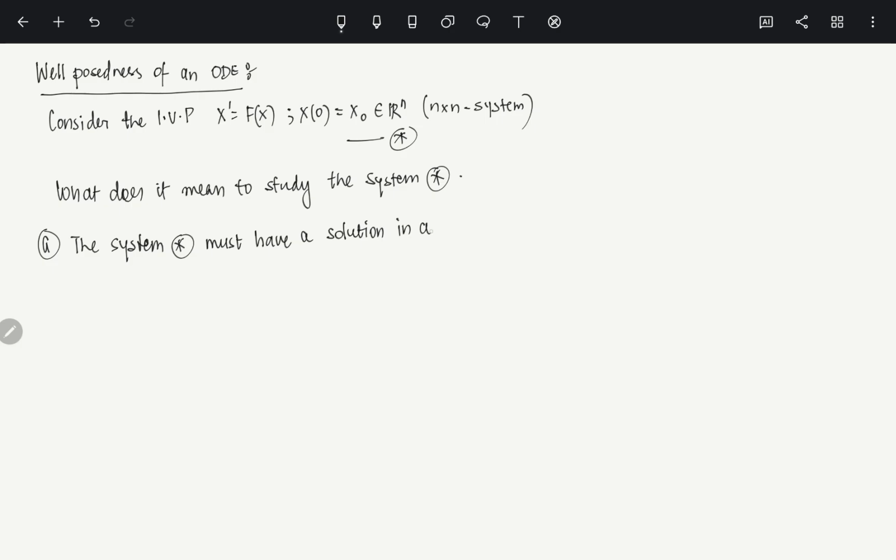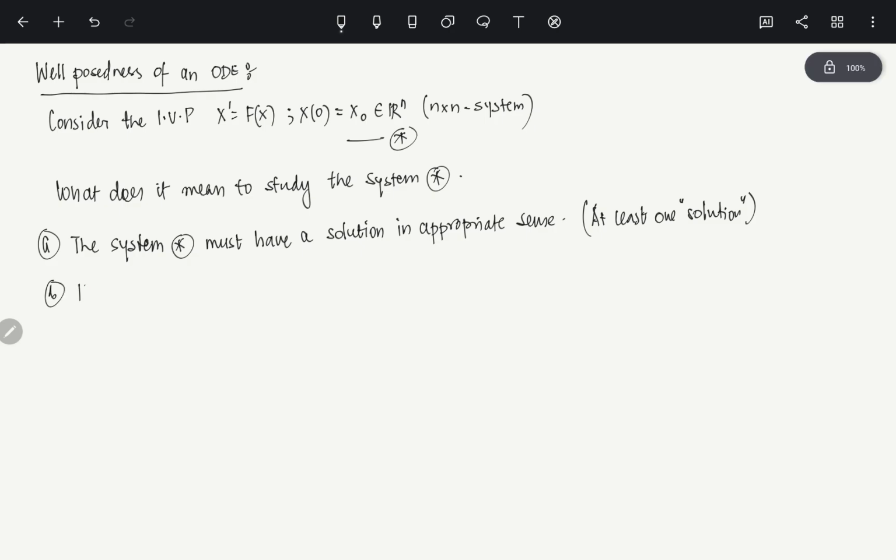You see, solutions can be in many senses, right? Whatever you mean by solution, it must have at least one solution.